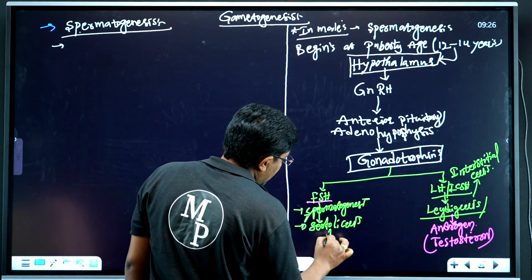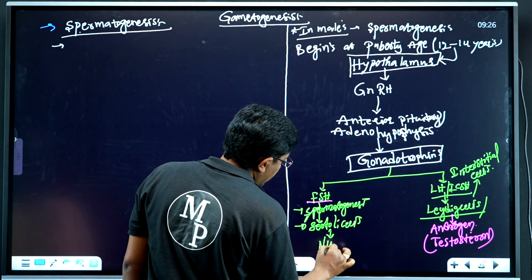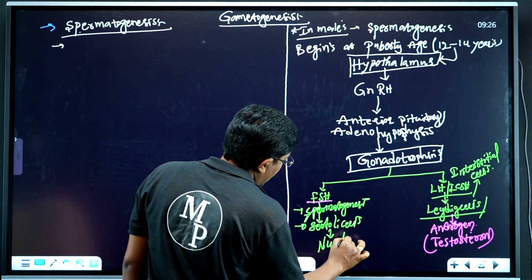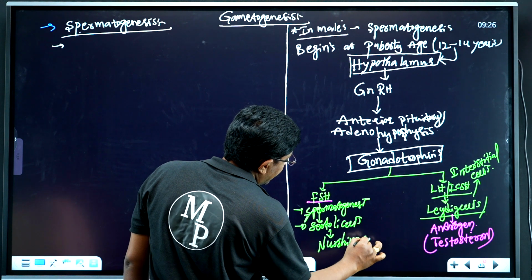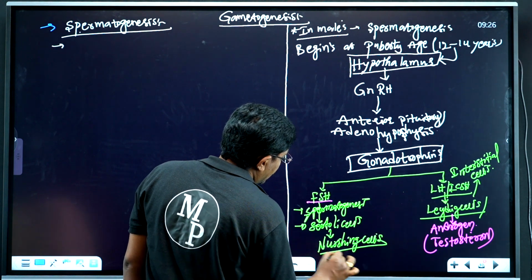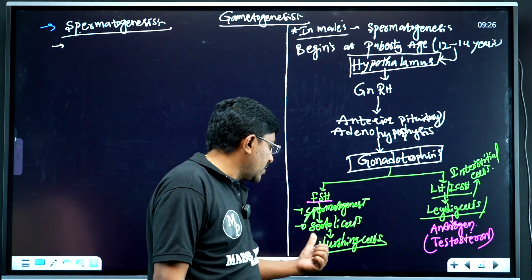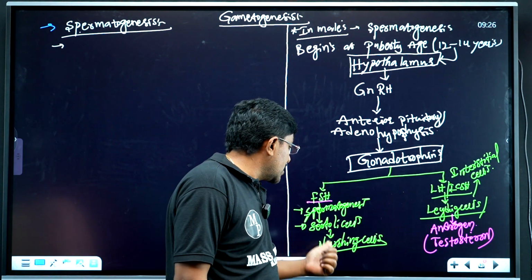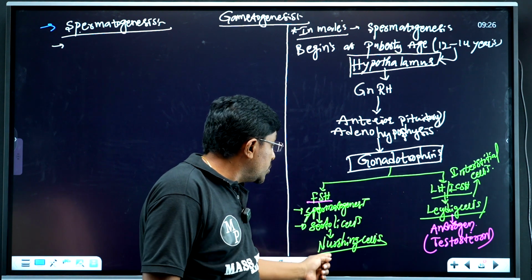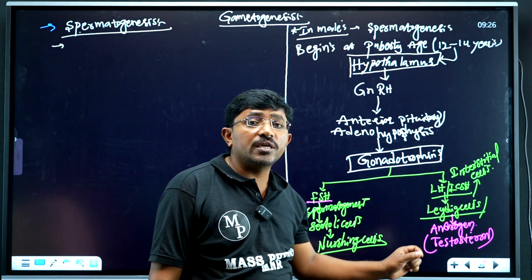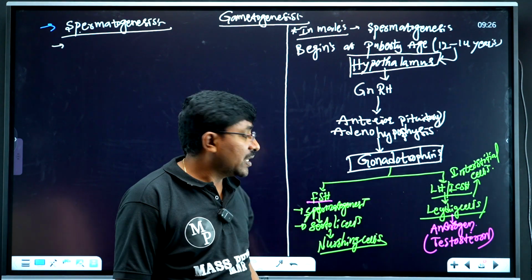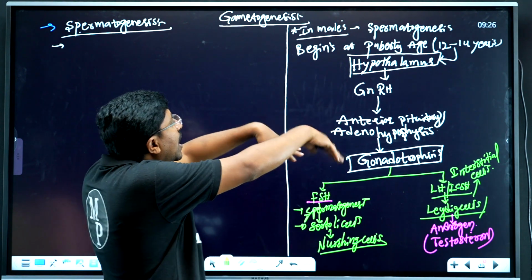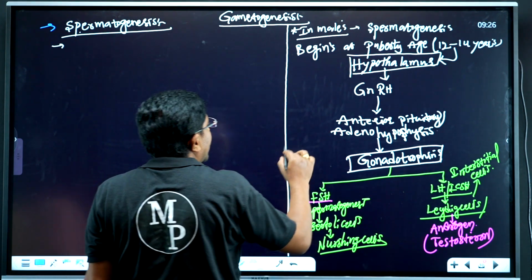Nourishing. These are the nourishing cells, meaning they supply nutrients, and these nutrients help in the maturation of spermatozoa. So, this is the hormonal regulation of spermatogenesis.